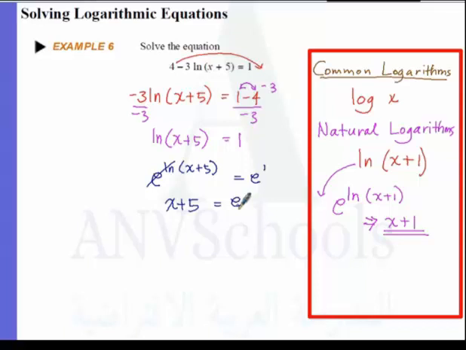It can be evaluated by pressing shift, and you can see the ln expression there beside the log. Shift of the natural logarithm ln will give you e raised to a certain box, and just put 1 on the box. So that gives us x plus 5 is equal to e raised to 1, or just e.